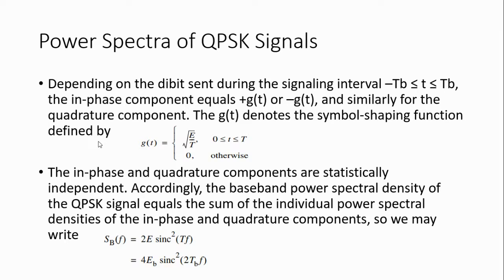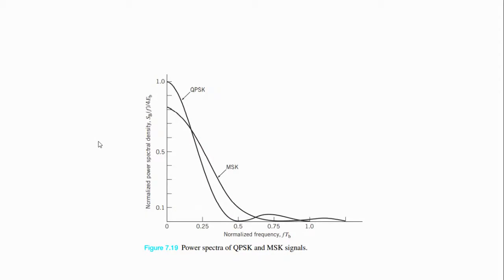The baseband power spectral density of the QPSK signal is the sum of the individual power spectral densities of the in-phase and quadrature phase components. So S_B(f) equals 2E sinc squared(Tf), which is equal to 4Eb sinc squared(2Tb f). This is the QPSK function.